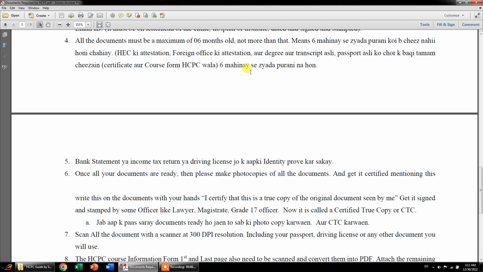The attestations, for example the original degree attestations, foreign office attestations, original transcripts or original passport, or even the PEPTA certificate, are valid throughout until they expire. For example, your passport or your PEPTA registration remain valid.